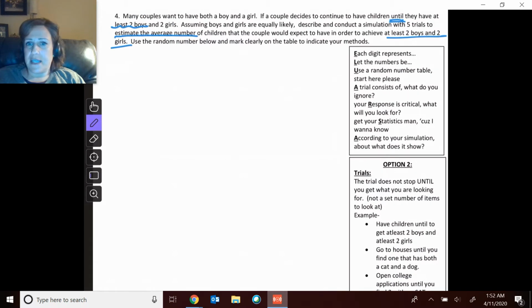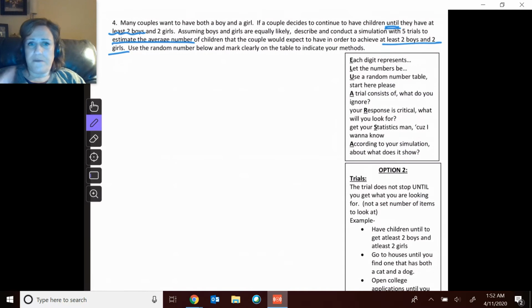Okay. So here we go. Each digit represents, let the numbers be. We've got boys and girls, and they're equally likely, so that's a 50% chance. You could do something like use numbers 1 and 2 and ignore all the rest of the digits.